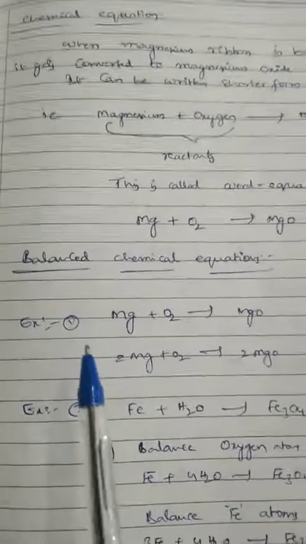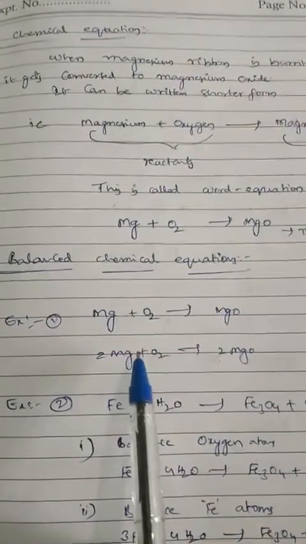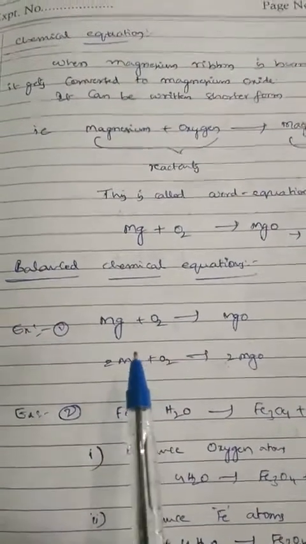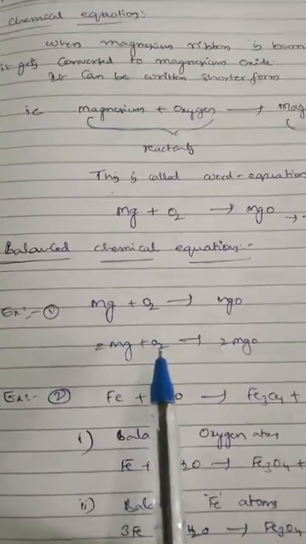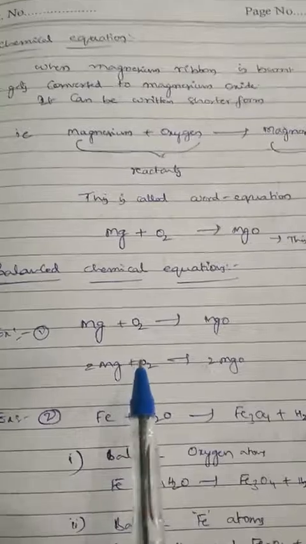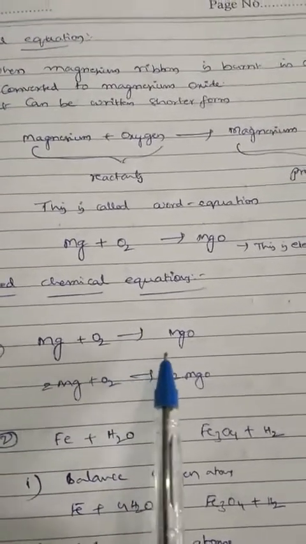Now here one important point is there, that is the balanced chemical equation. According to the law of conservation of mass, that we also discussed in class 9, all chemical reactions should be balanced. Its statement is: the total mass of reactants is equal to the total mass of products.